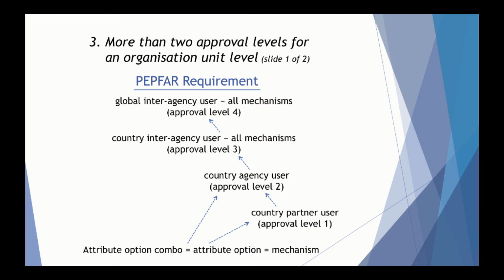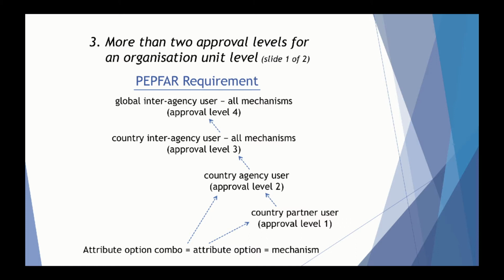And they have to approve all the levels. These are Tanzania country users. They can see all of Tanzania. They need to approve their data up to the country agency who supervises their work in Tanzania.